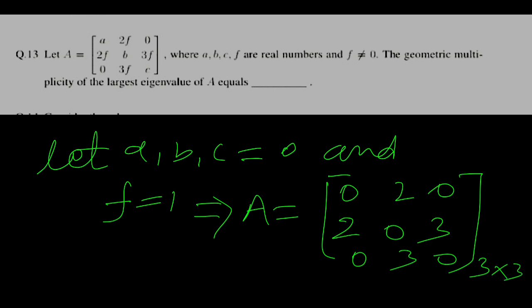Now we find the eigenvalues of this matrix. We go with the rule of linearly independent and dependent, and trace and determinant of A, to find the eigenvalues.